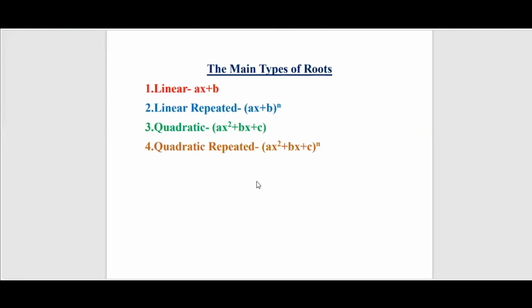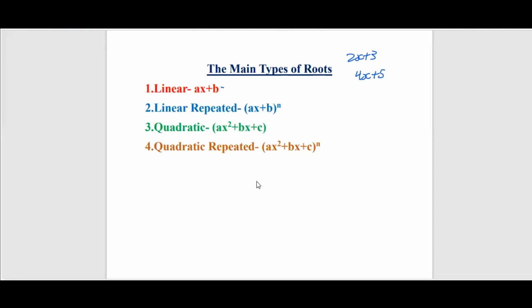The first form is the linear form of ax plus b. For example, it might have 2x plus 3, or 4x plus 5. Anything in that form, ax plus b, where a and b could be any number, is called a linear factor. Now when you're expressing a linear factor, it will look something like this.